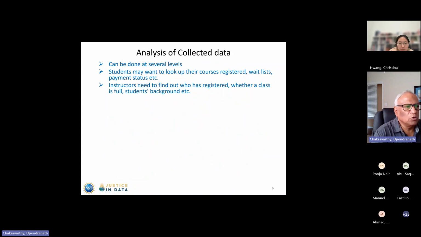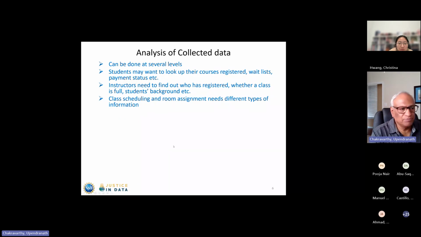We want to know how many students have registered, whether a class is full, where it is held, and what the background is of the students who are enrolled in the course. Those who are doing class scheduling and room assignment need a different type of information. They need to know what tools are needed, whether you need a projector, whether you need a recording system, how many seats, when it meets, and all those things.